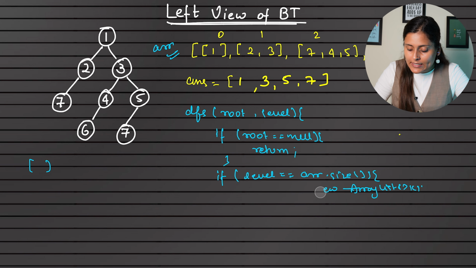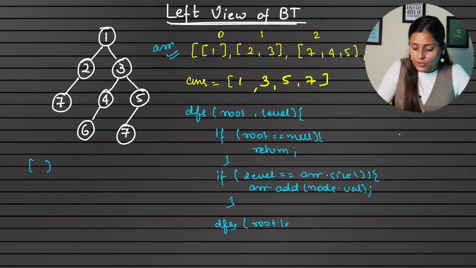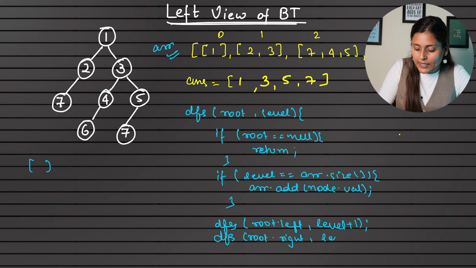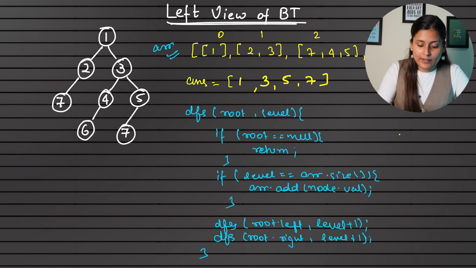So instead of putting the inner sublist, let's insert array.add of node.value, and that's it. Now go for the DFS call on root.left with level plus 1. Similarly DFS call on root.right, again with level plus 1. That's it.